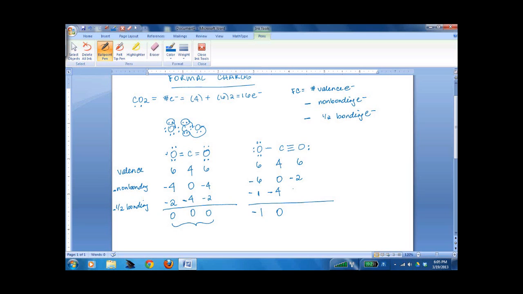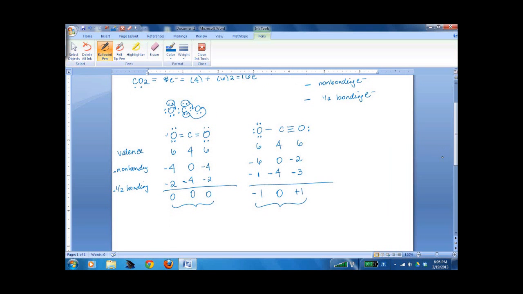And then 1/2 of the bonding electrons will be 1, 2, 3, 4, 5, 6 times a half will be 3. 6 minus 2 minus 3, and our total is a +1. So the formal charge here, oxygen will have a -1, oxygen here will have a +1. Overall, it'll be 0, and there is no charge, so that's good.